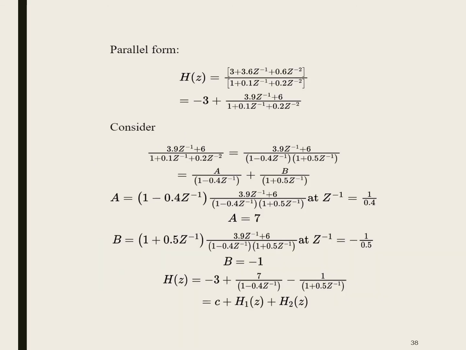Finally parallel form, the same transfer function. By using the long division method we get this. So minus 3 plus... still it is an equation with power raised to 2. Power raised to 2 in the sense, we know the partial fraction. It is first factorized into 2 factors.